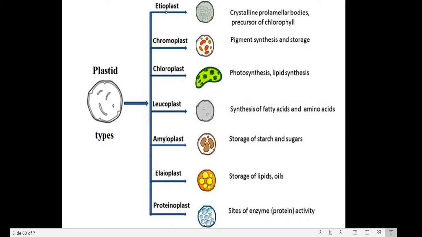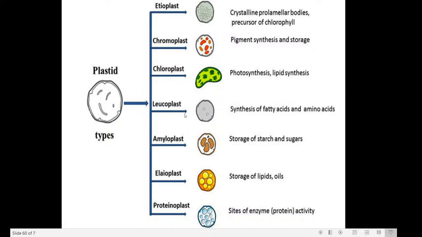Etioplast has a crystalline prolamellar body, which is a precursor for chlorophyll. Chromoplast is for pigment synthesis and storage. Chloroplast is for photosynthesis and lipid synthesis.